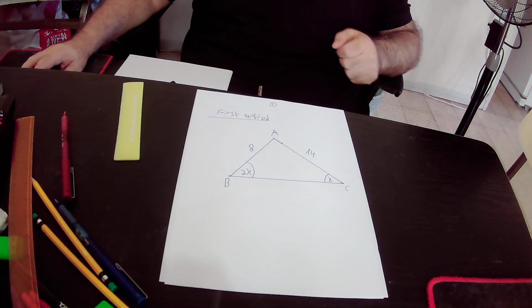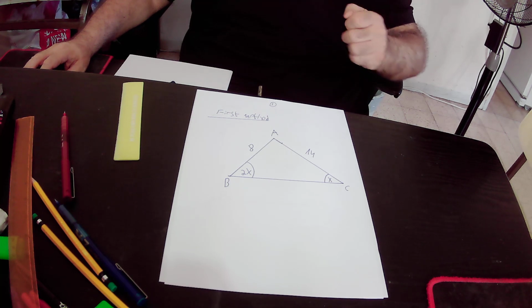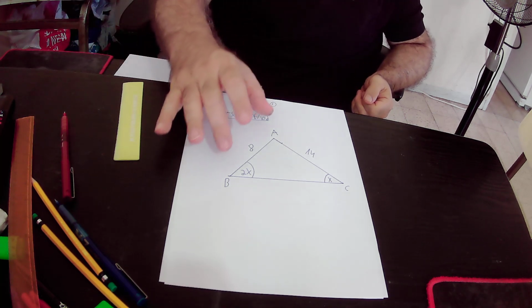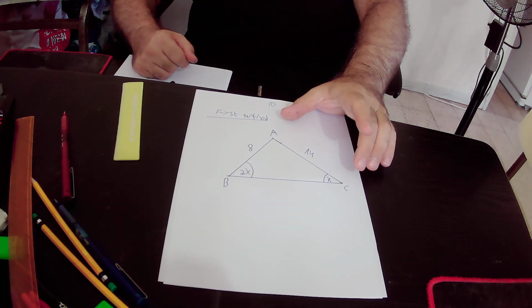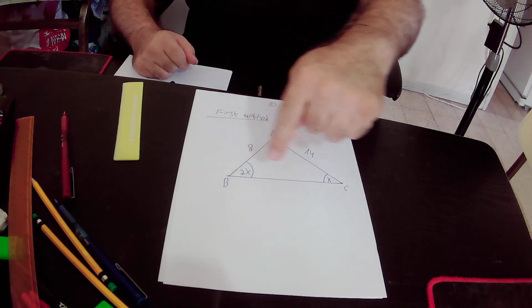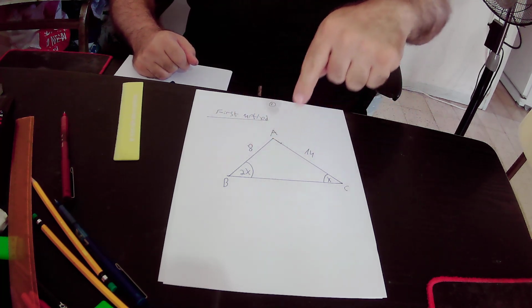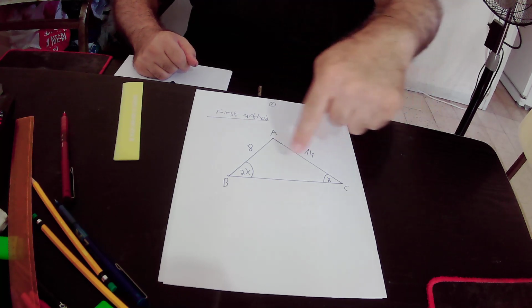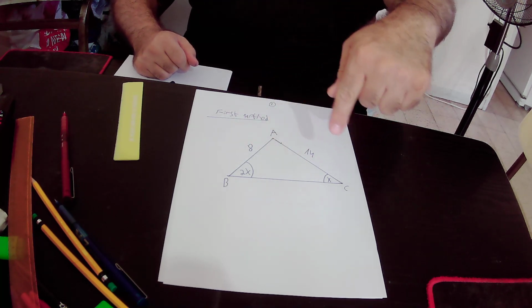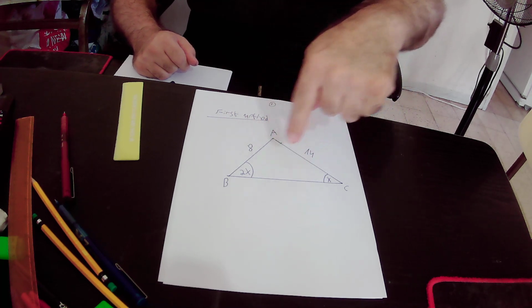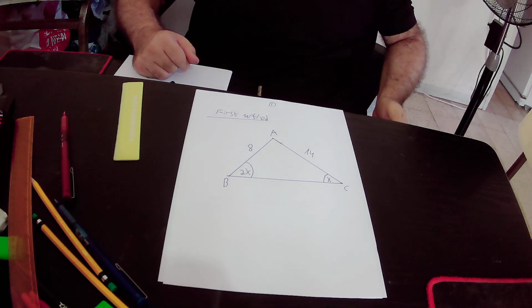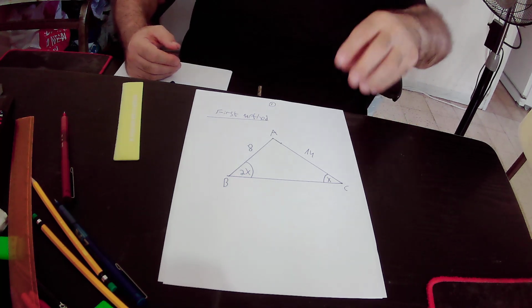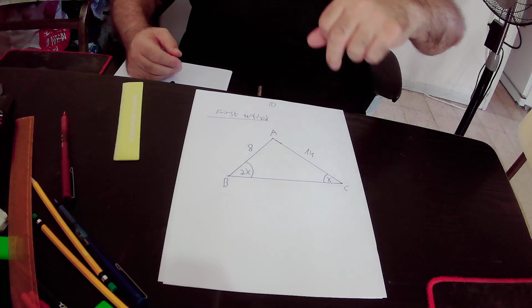In the drawing we have triangle ABC with side AB equal to 8 units, side AC equal to 14 units, angle ABC equals 2x degrees and angle ACB equals x degrees. And we want to find out the area of this triangle, triangle ABC.